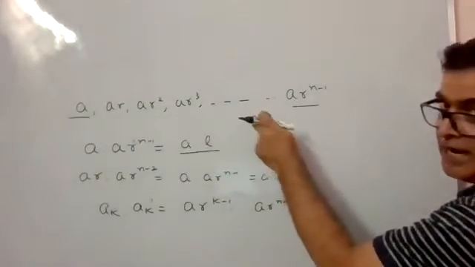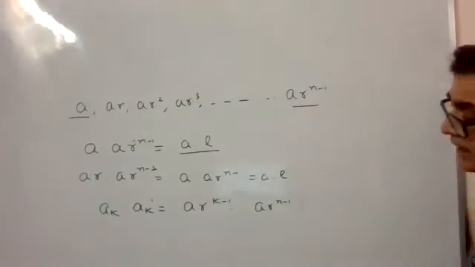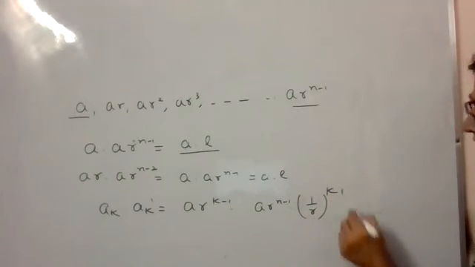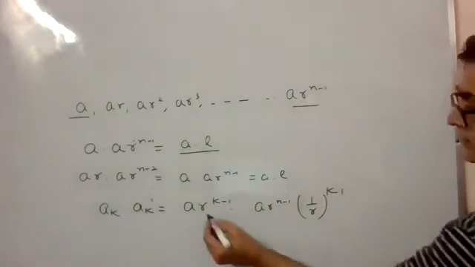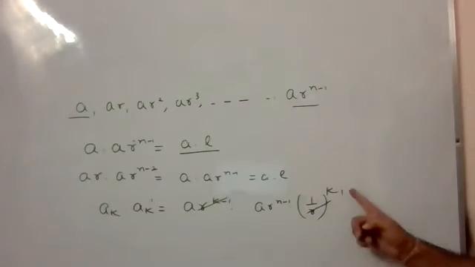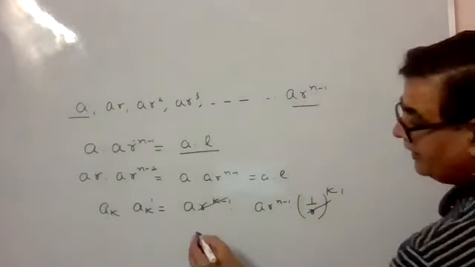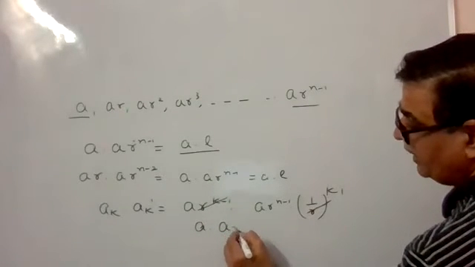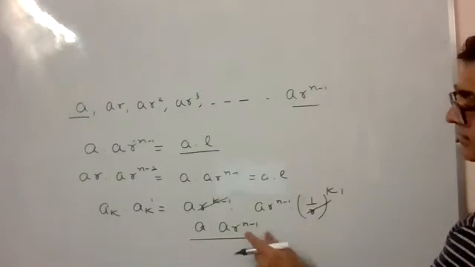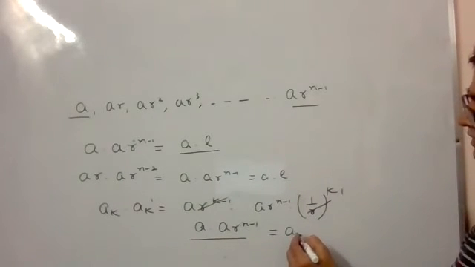From here the common ratio is r, so from this side it will be 1 by r. So I get 1 by r^(k-1). This r^(k-1) now cancels out with this, because this is also r^(k-1). What is left is a into a r^(n-1). Is it your first term and the last term? Yes, we will say this is the first term and this is the last.